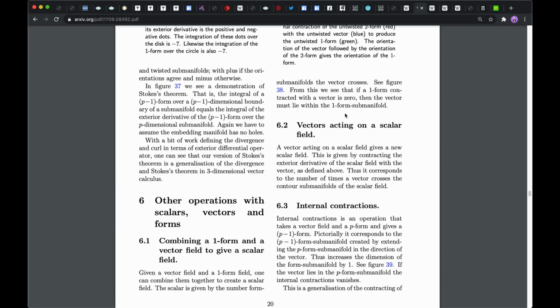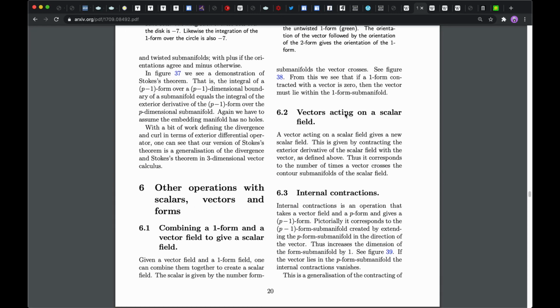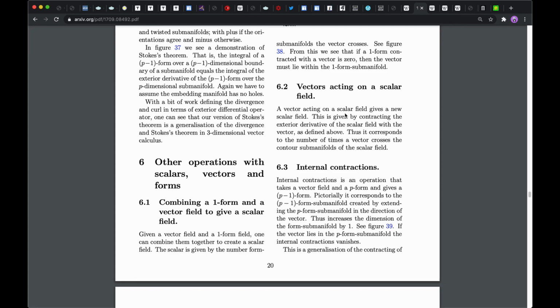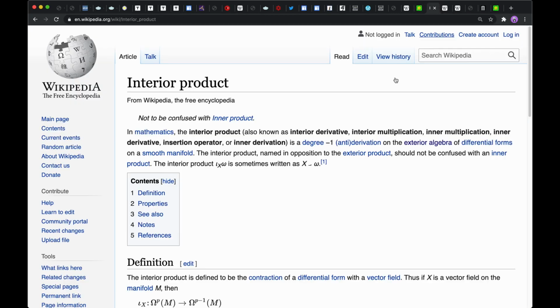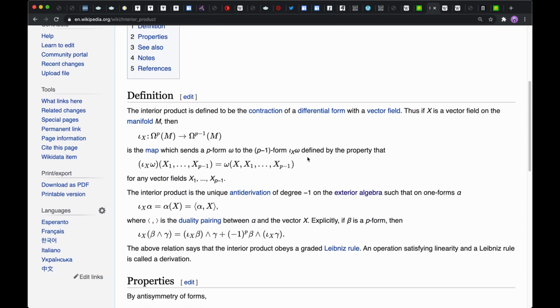I think that's an interesting theme, and a bonus task for you is to search for some information about the interior product, because it is a pretty important thing.